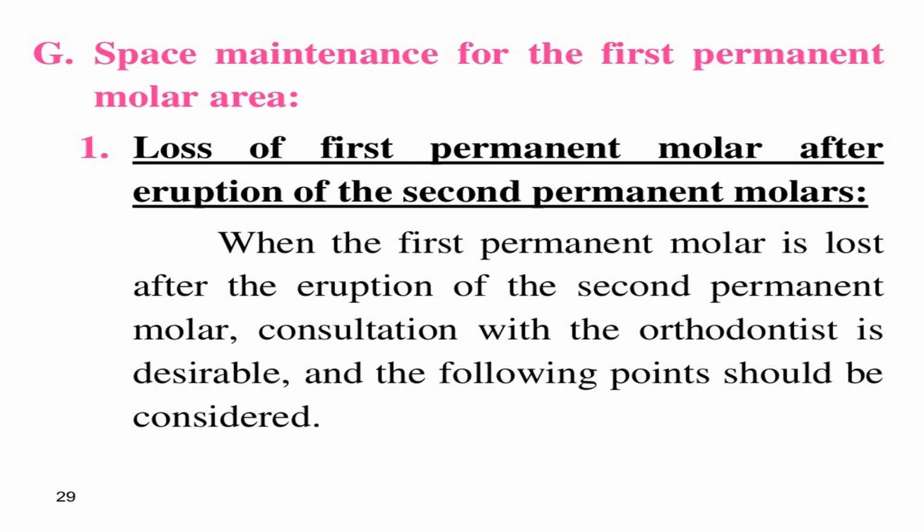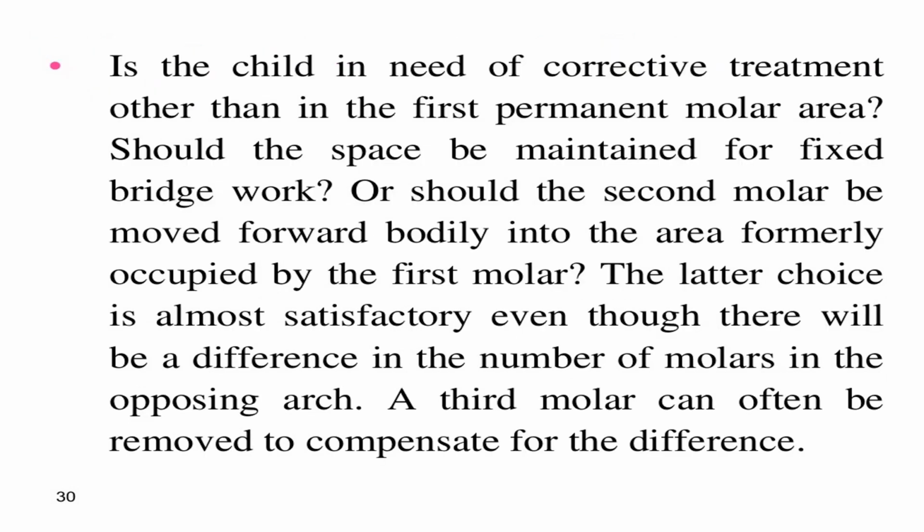Should the space be maintained for fixed bridge work? Or should the second molar be moved forward bodily into the area formerly occupied by the first molar? The latter choice is almost satisfactory even though there will be a difference in the number of molars in the opposing arch. A third molar can often be removed to compensate for the difference.